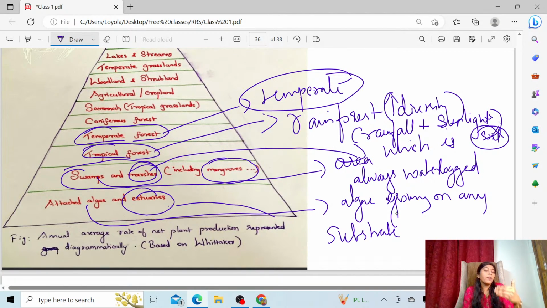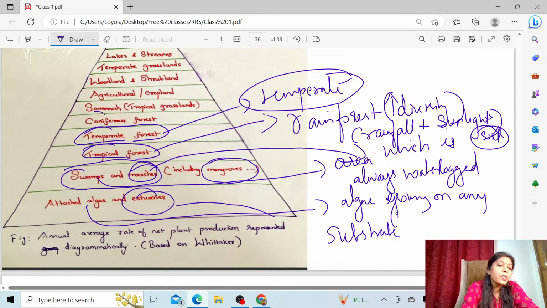That's why the temperate forest is put after the tropical forest in productivity. In the same way, the species will be fewer compared to the rainforest, and the animals which depend on the plants are also fewer. So there will be less transfer of energy among them, and still there will be productivity, but it is lesser compared to the tropical rainforest.